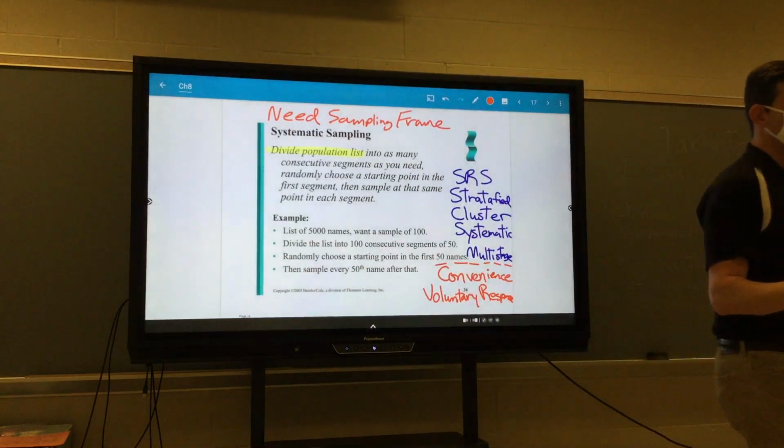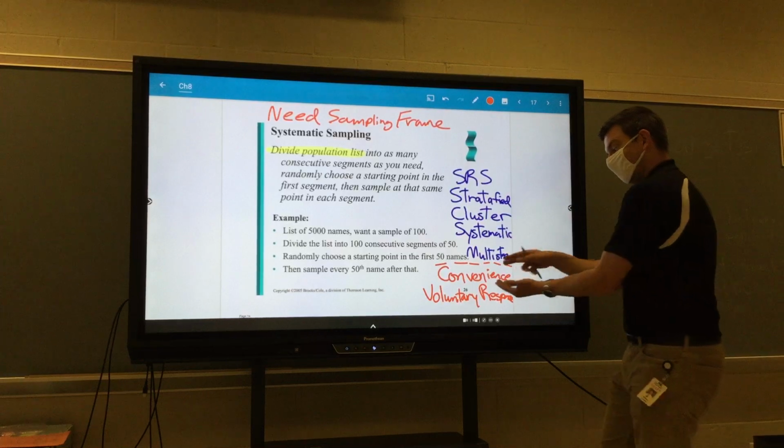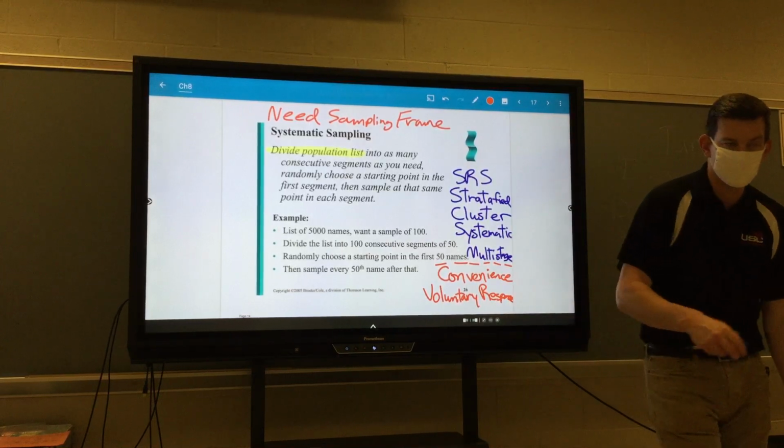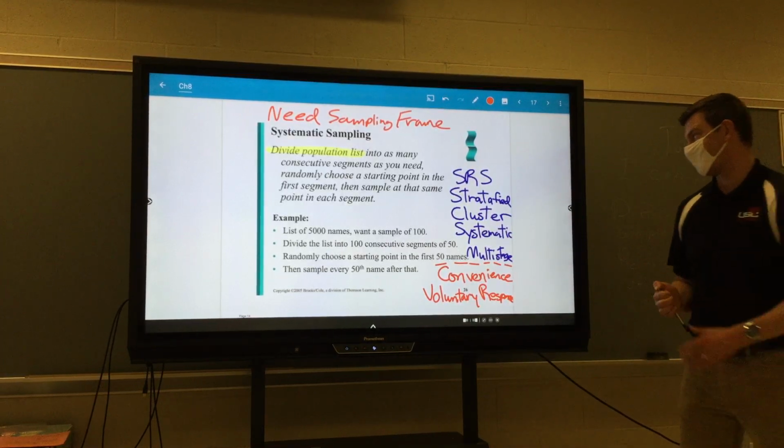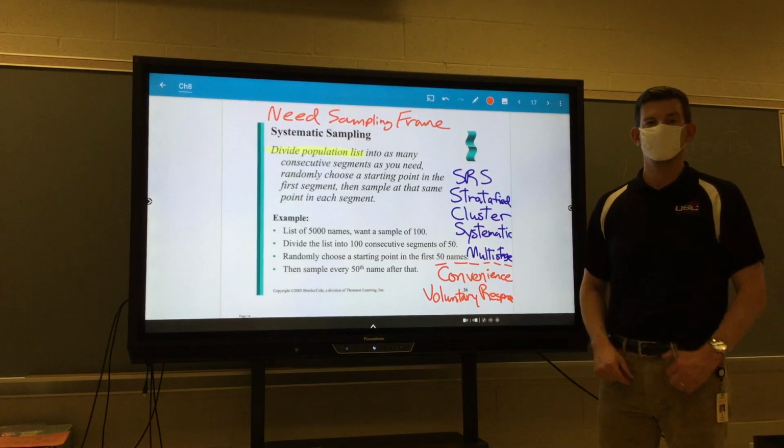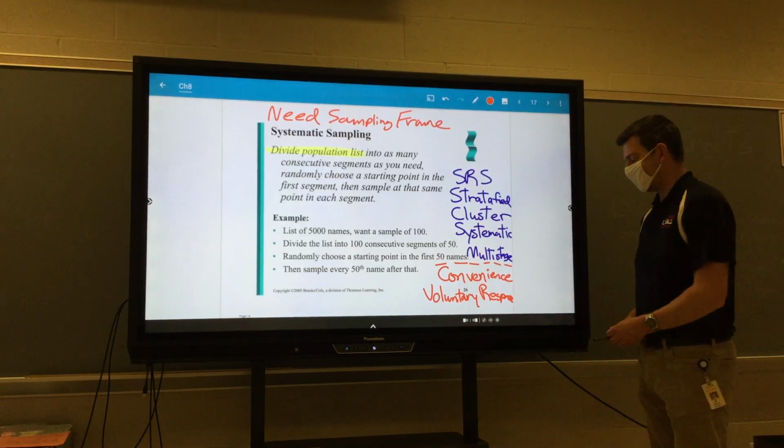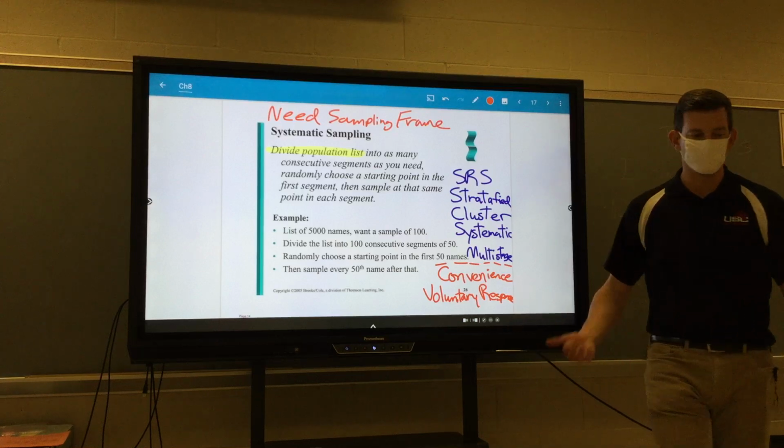You'll see questions that those are sampling methods. They are techniques. They're not good ones, though. They have inherent bias built into them.